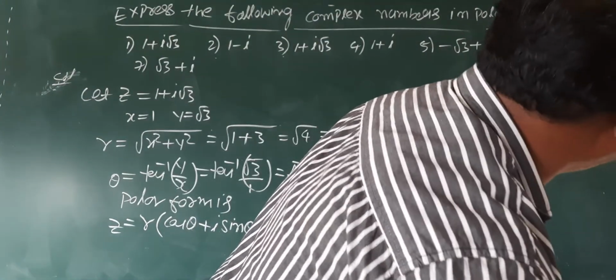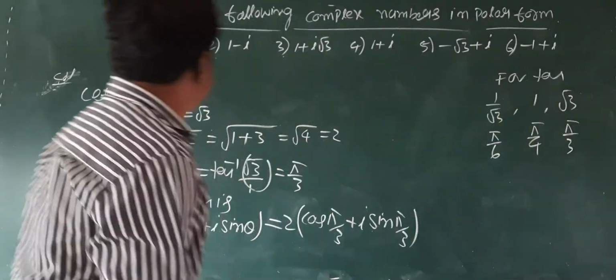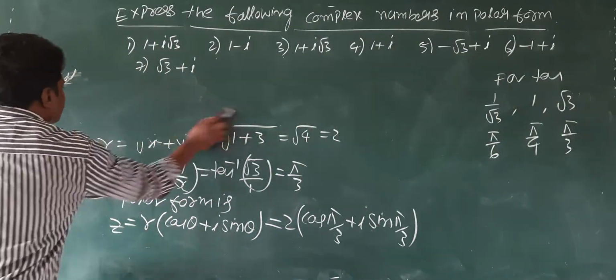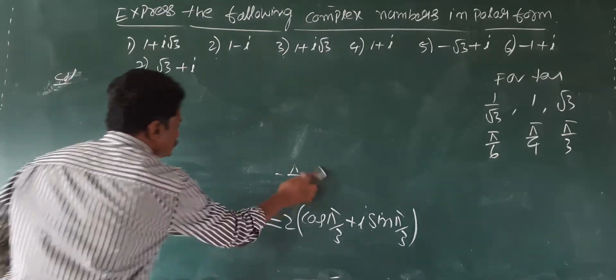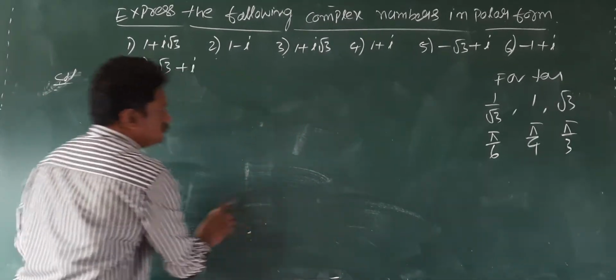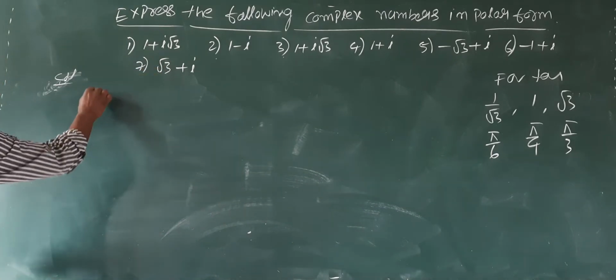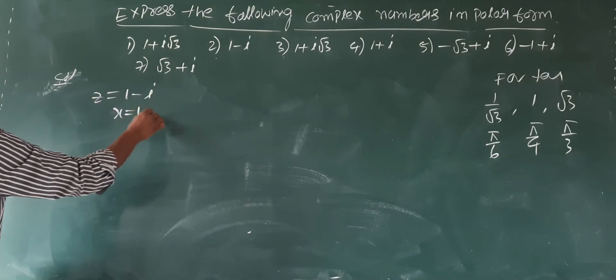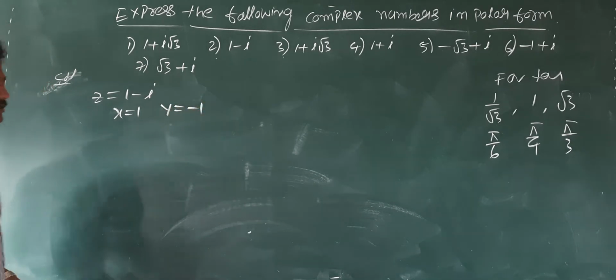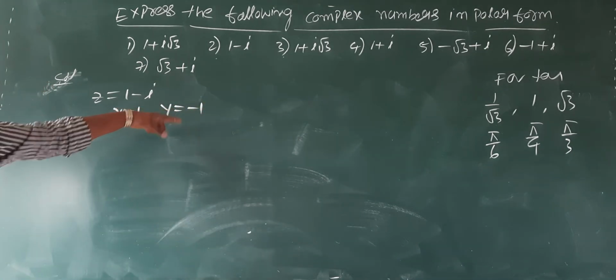The next question is z equals 1 minus i. x is 1, y is minus 1, the real part and imaginary part.